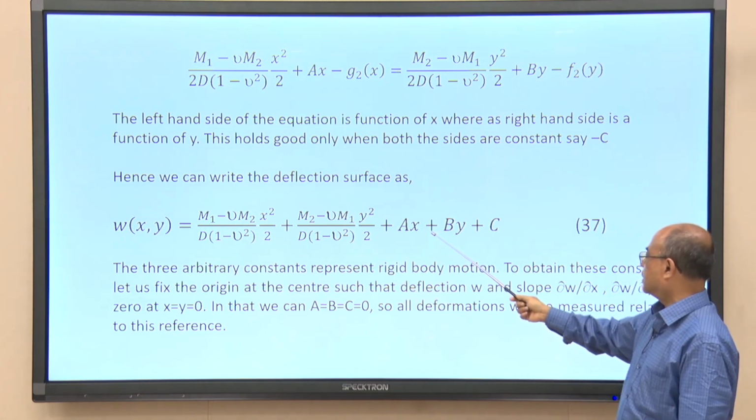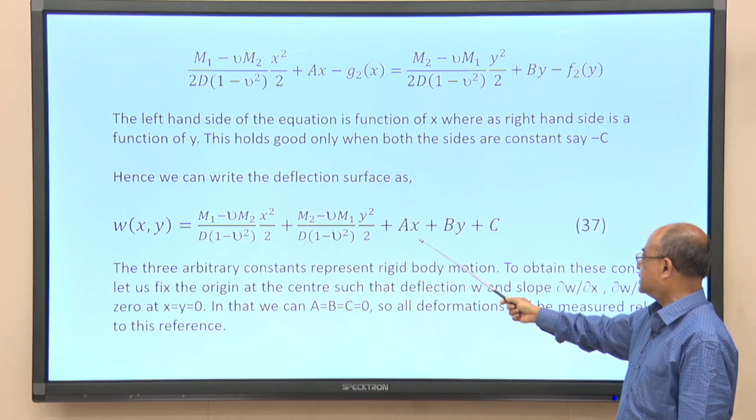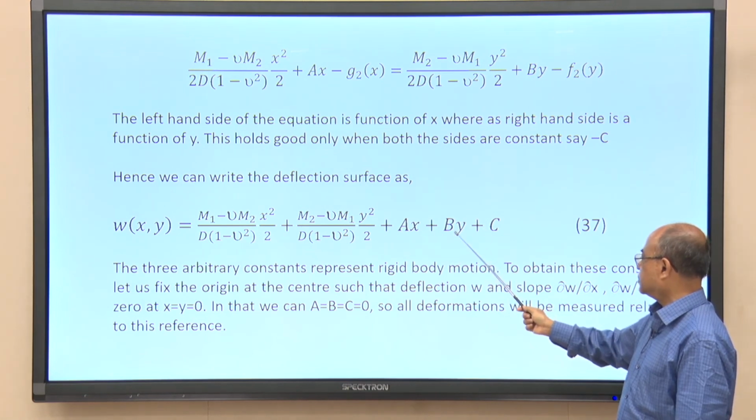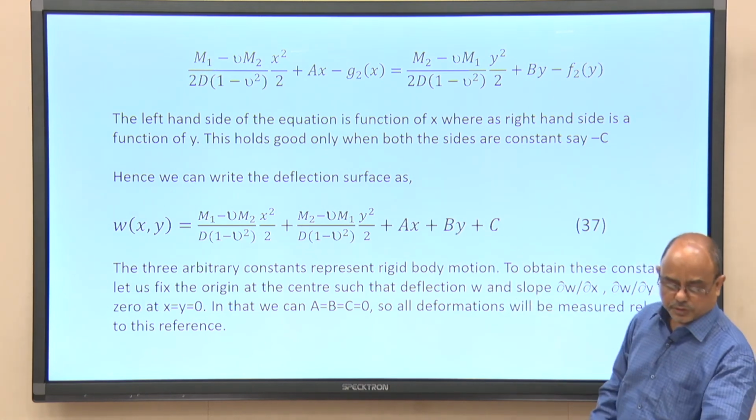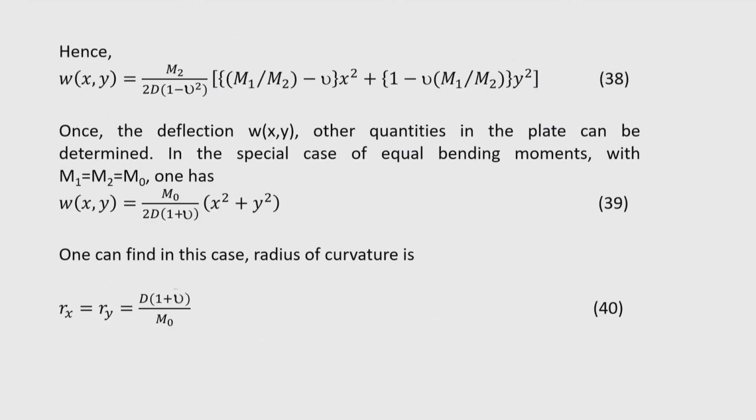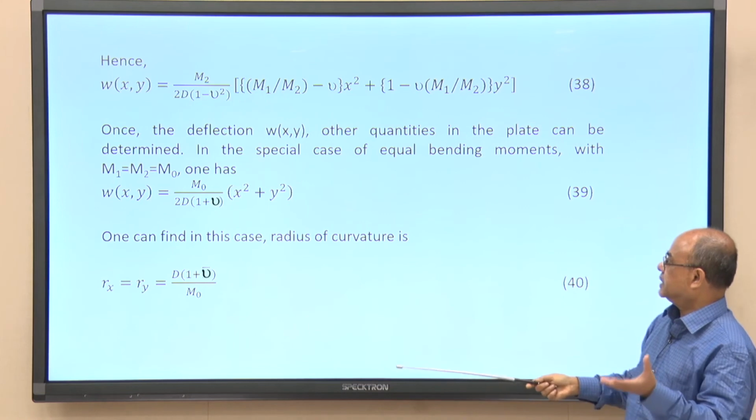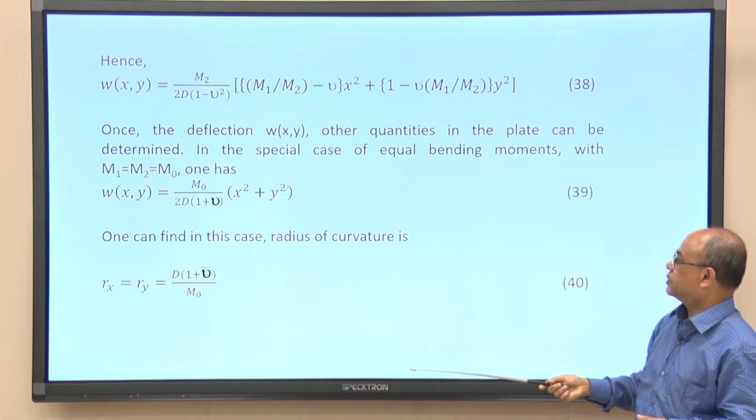So, therefore, in that case we will get a is equal to 0, b is equal to 0, c is equal to 0. So, in that case the deflection surface is simply written as a function of x square and y square, and the coefficient of x square and the coefficient of y square you know here. That can be arranged after arranging the multiplier in a suitable way.